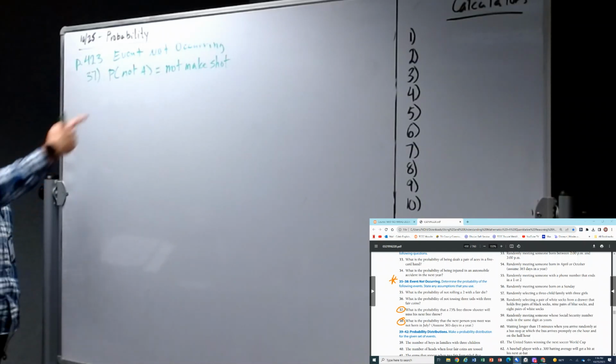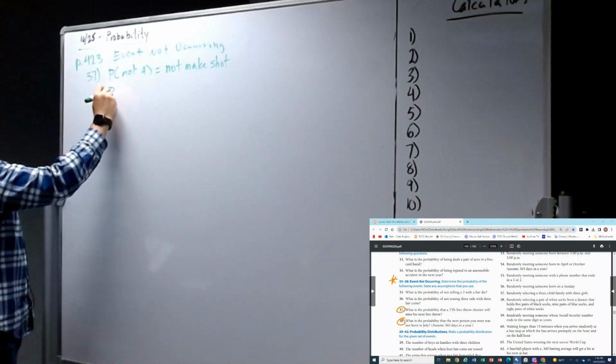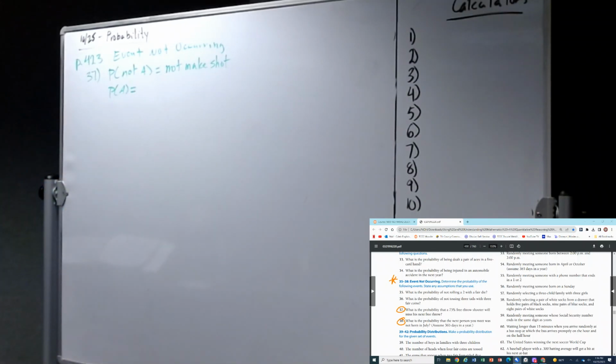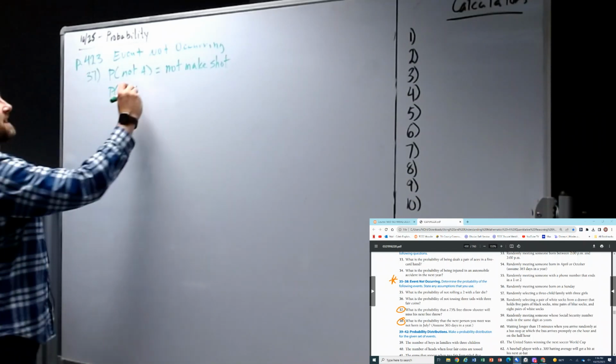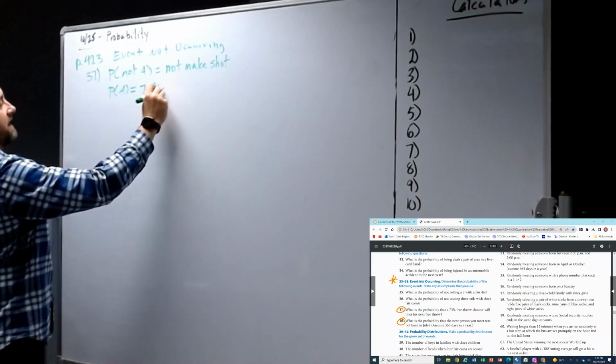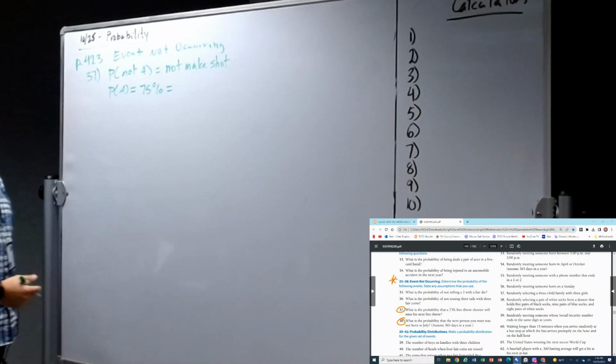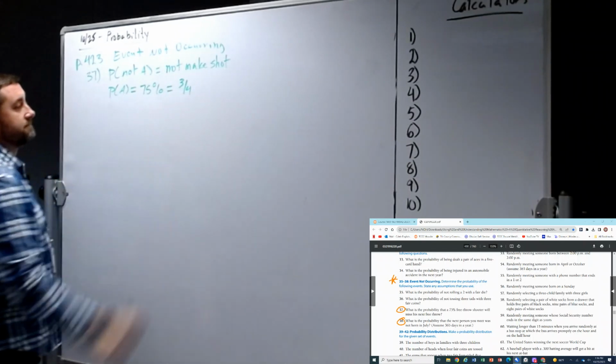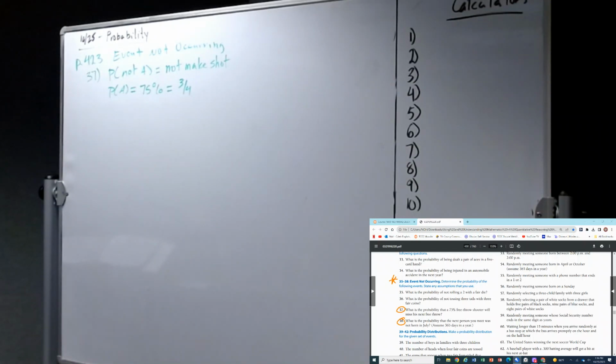So before you can find P of not A, you've got to find P of A. They gave it to us, didn't they? Yeah, it was really nice of them this time. 75%. Now, if you need it for the subtraction part of the formula, you could make that 0.75, or you could make it 3/4. Probability likes fractions and percentages. Decimals, but fractions and percentages they like.